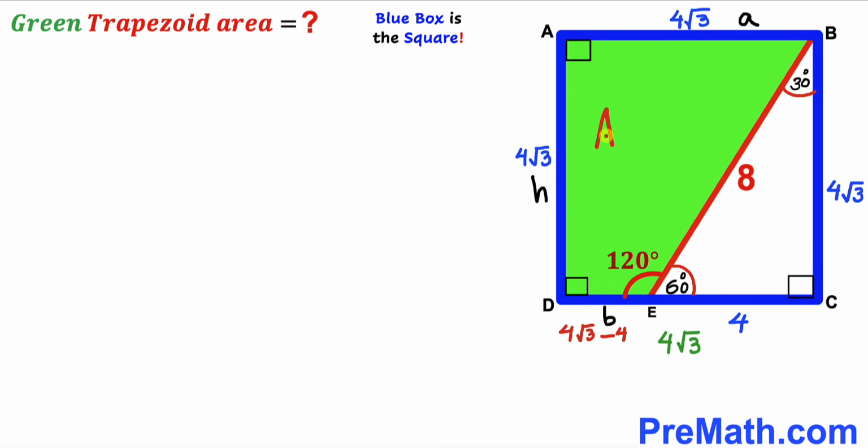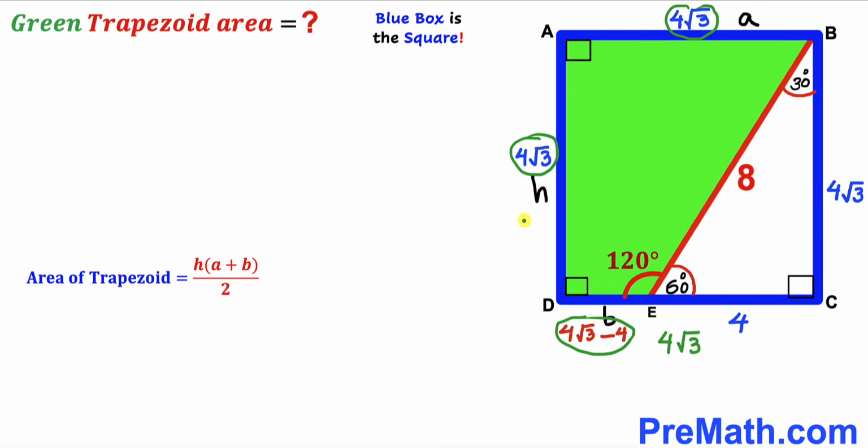Now we calculate the area of this green shaded trapezoid ABED. Here's our area of a trapezoid formula once again: area equals height h times a plus b, all over 2. Our a value is 4 times the square root of 3, b value is 4 times the square root of 3 minus 4, and our height h is 4 times the square root of 3.